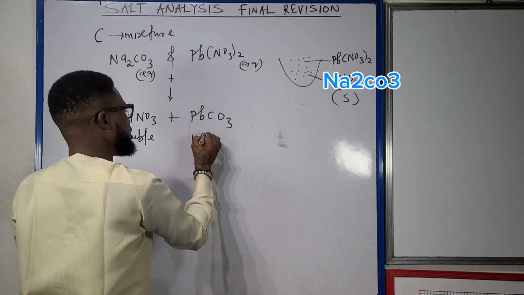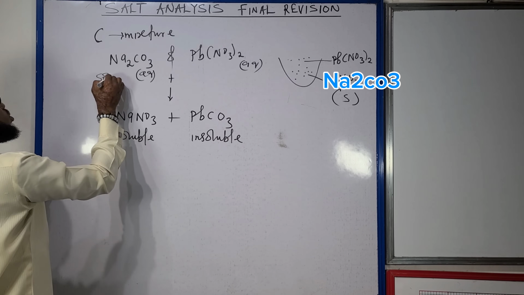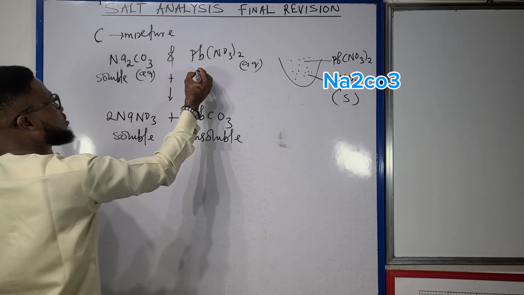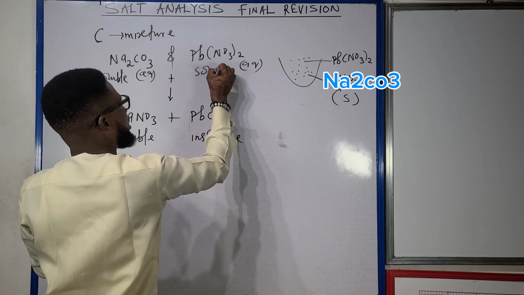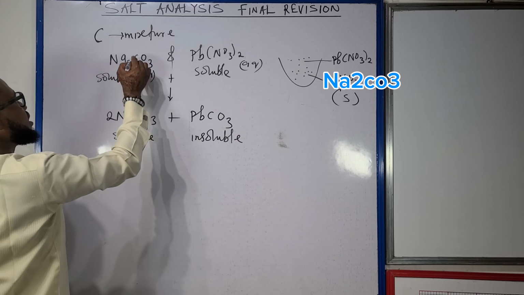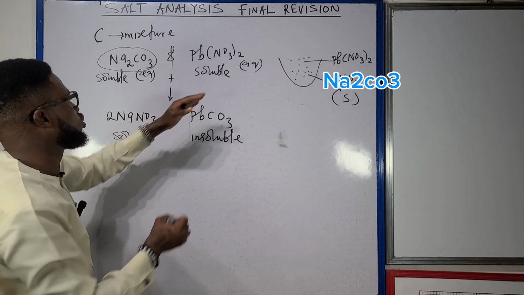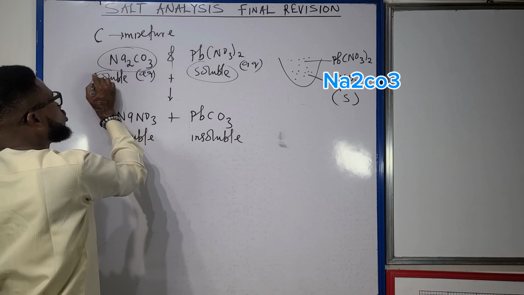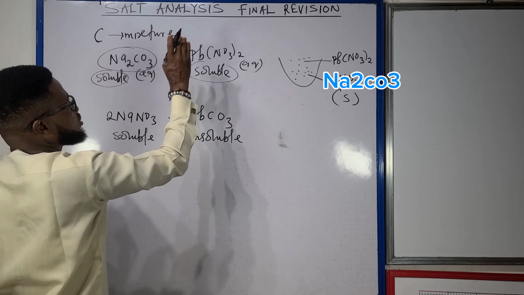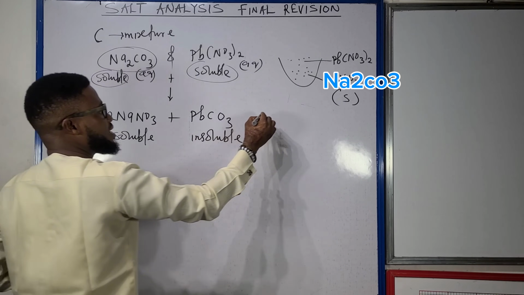The lead carbonate is going to be insoluble in water, because all carbonates are insoluble. But for the carbonates of sodium and potassium, they are soluble. So sodium carbonate is soluble, and lead nitrate is soluble.